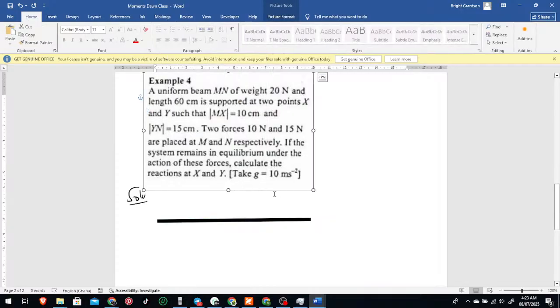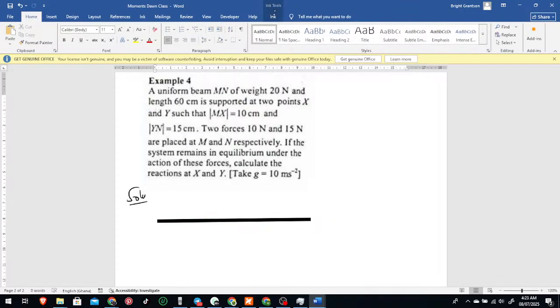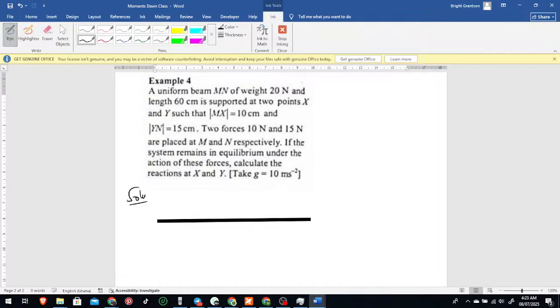Right. So this M and N, the endpoints M and N. Now they say the weight is 20 newtons, meaning the weight is in the middle, right? 20 newtons. I hope you can all see.